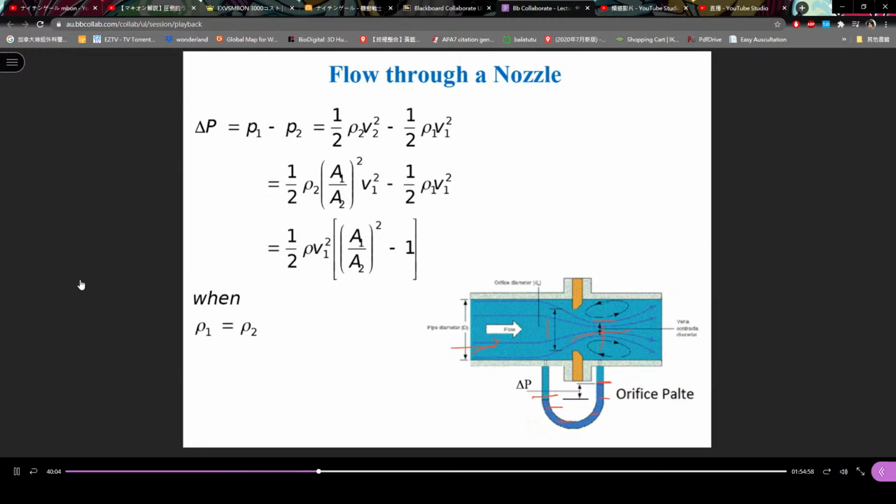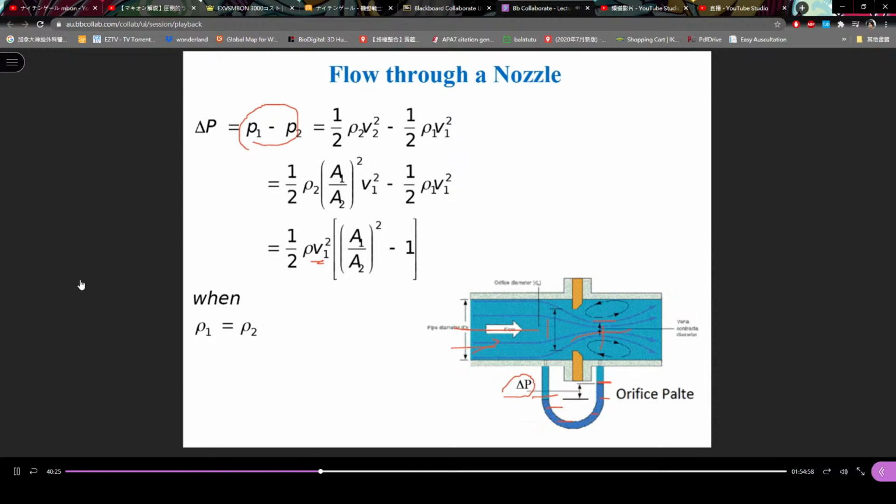That's why we can measure the pressure difference, delta P. And if we know the pressure difference here, then we can find the velocity at this point. So this is the principle of velocity measurement.